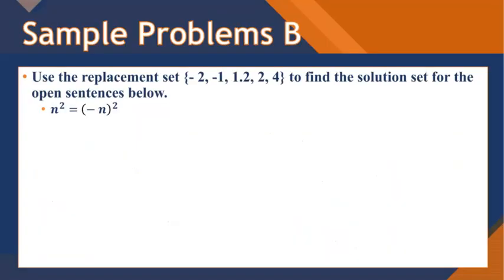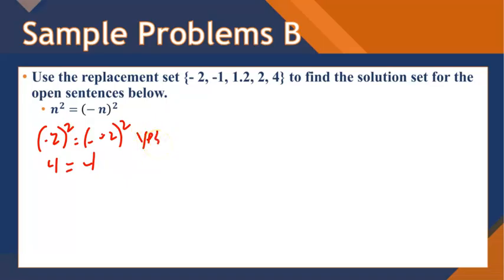Moving on to the next one, last one here, we have put negative 2 in for n. Negative 2 squared equals negative 2 squared. So this side is 4. This side would be 4. So yes, this works.